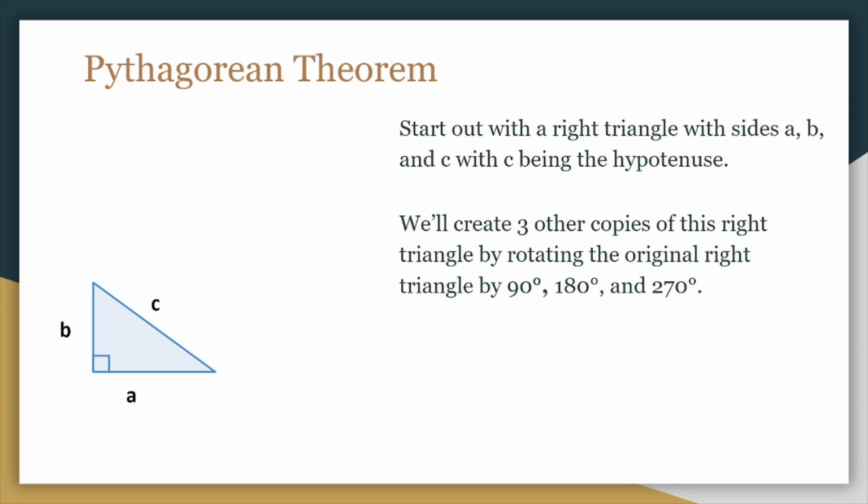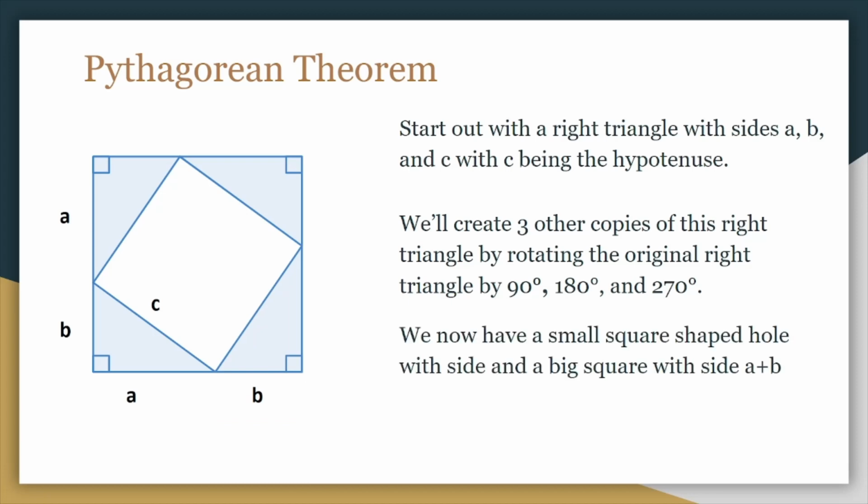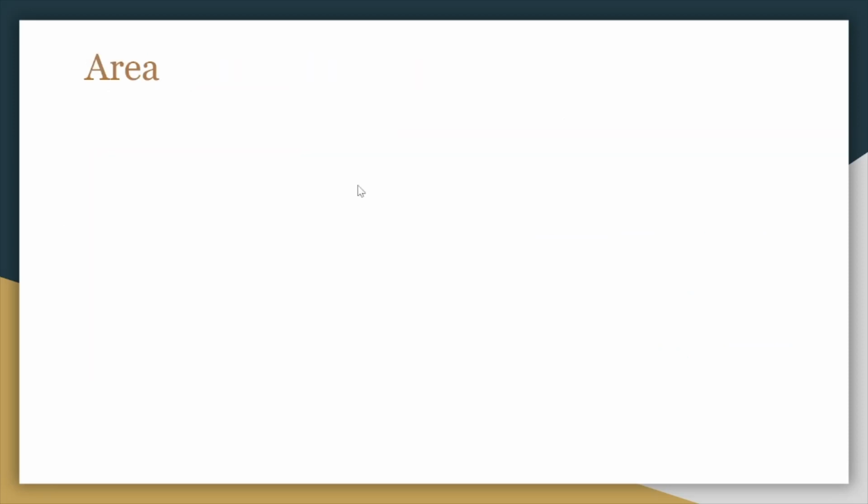We'll create 3 other copies of this right triangle by rotating the original right triangle by 90 degrees, 180 degrees, and 270 degrees. So we now have a small square-shaped hole with side C, as shown by the yellow square, and a big square with side A plus B, as shown by the red outline.